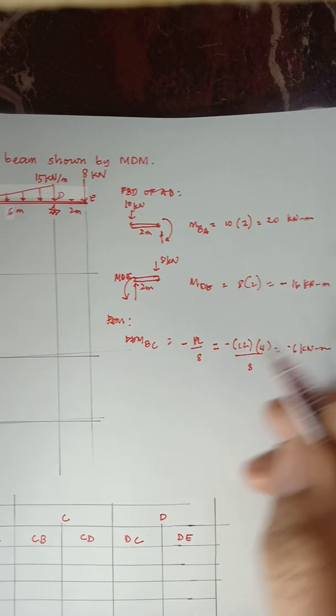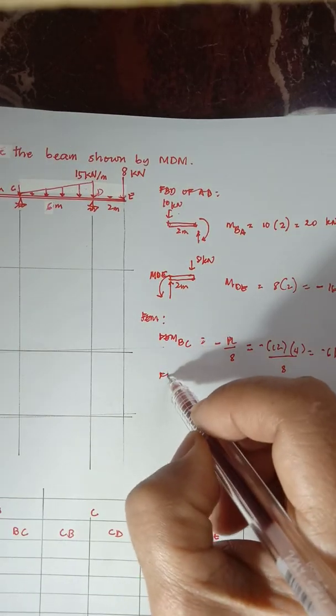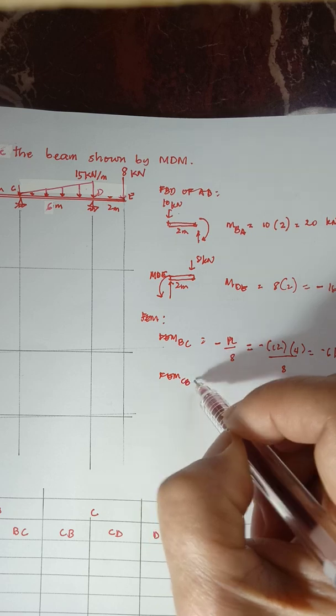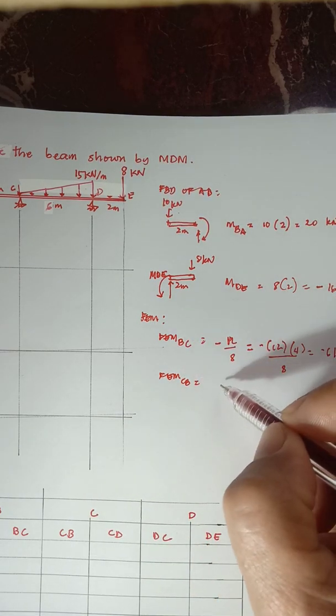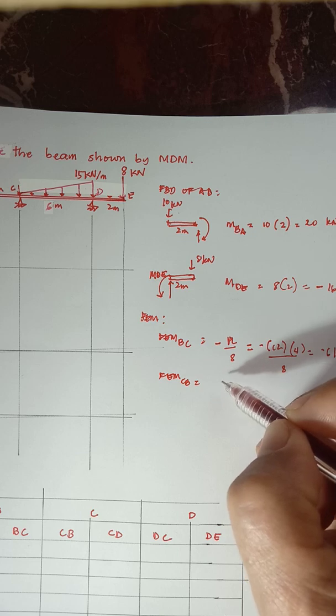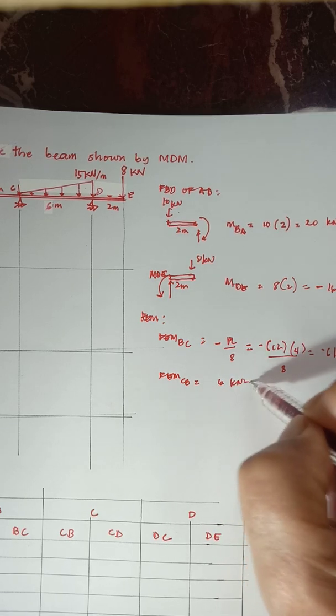Then for CB, they are the same but with a positive sign, so you have 6 kilonewton meter.